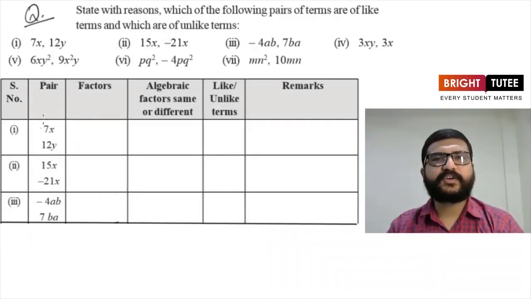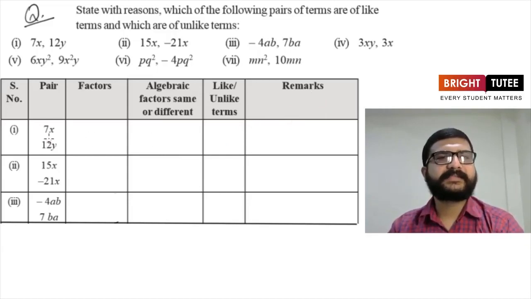In the first column we are writing pairs which are given to us, and then we'll write factors of each term, and then we'll compare their algebraic factors whether they are same or not, and based on that we will state whether the terms are like terms or unlike terms, and then we'll give remarks in which we will tell why the terms are like terms or why the terms are unlike terms.